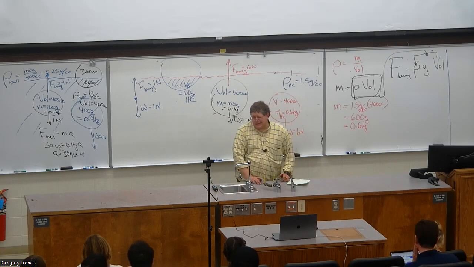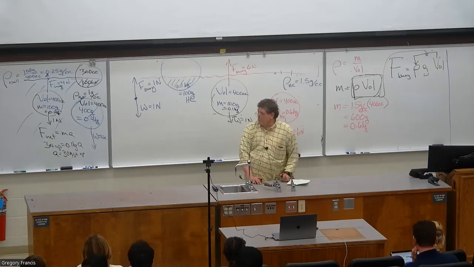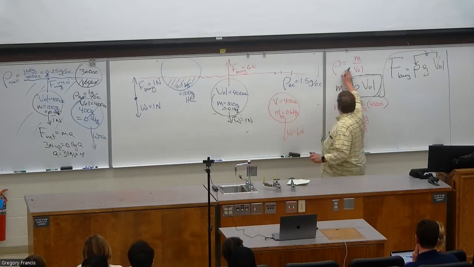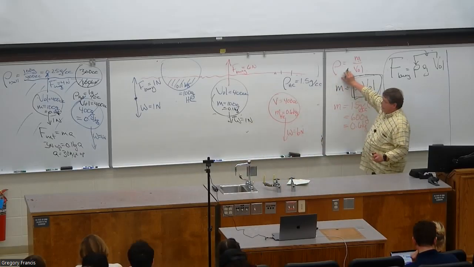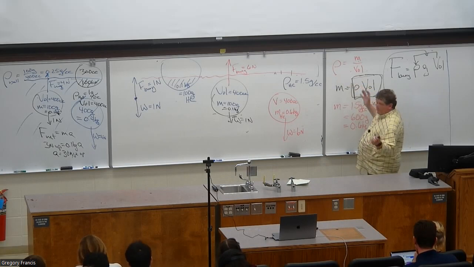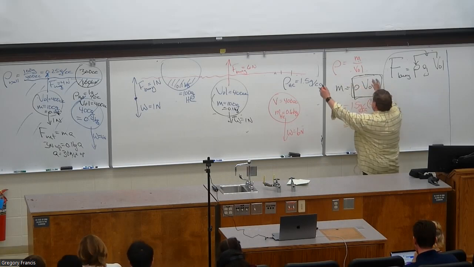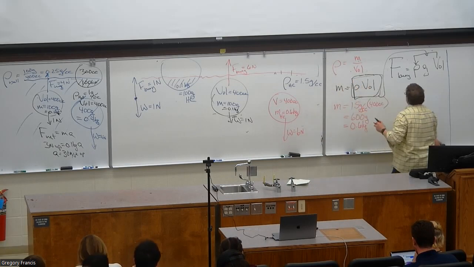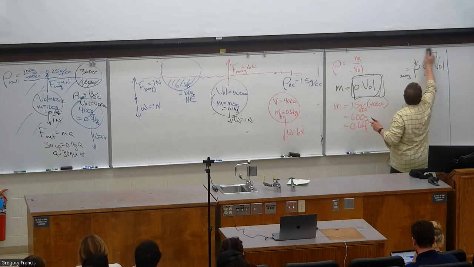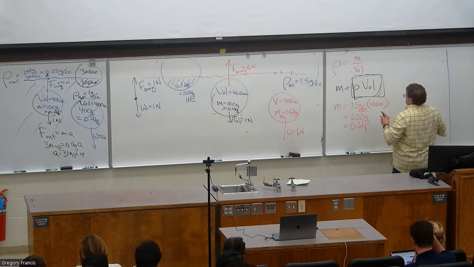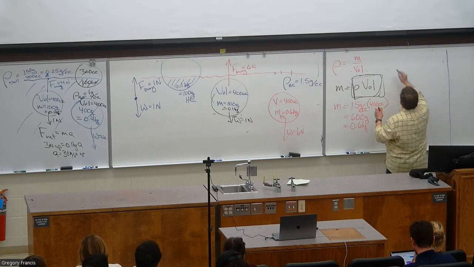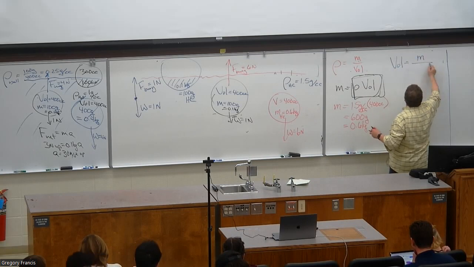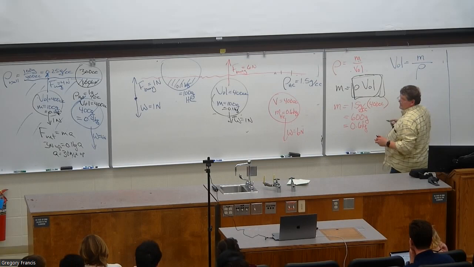How many cc's is that? Well, now we've got to go back to this equation and use it backwards. If I want the volume instead of the mass, I've got to cross multiply this, and that's going to give me the volume equal to the mass divided by the density.